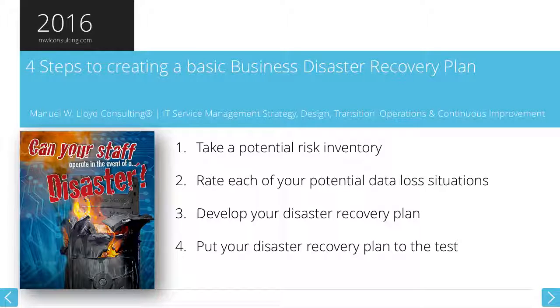They're going to have the knowledge and experience to identify possibilities that you're not likely to think of yourself, but you need to plan for at the same time. So these IT experts are also going to be able to discuss preventive solutions to guard against each one of those potential data loss risks that you're going to run into. So you want to definitely take an inventory.